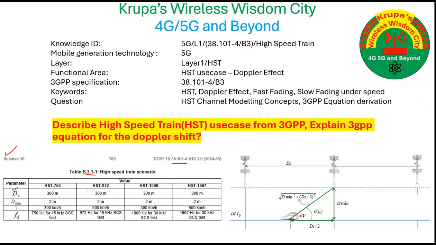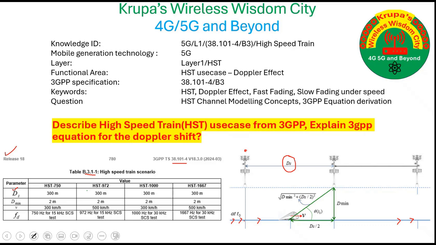These are all the base stations mounted along your track, the railway track on which the person travels with the UE on the high-speed train. And this is a base station, and DS is the distance between the base stations.